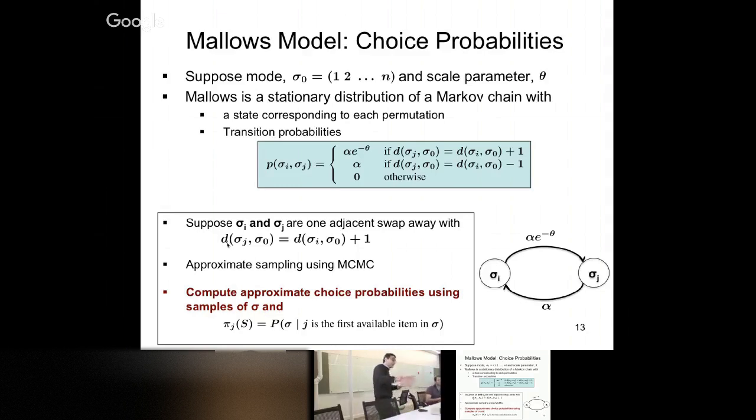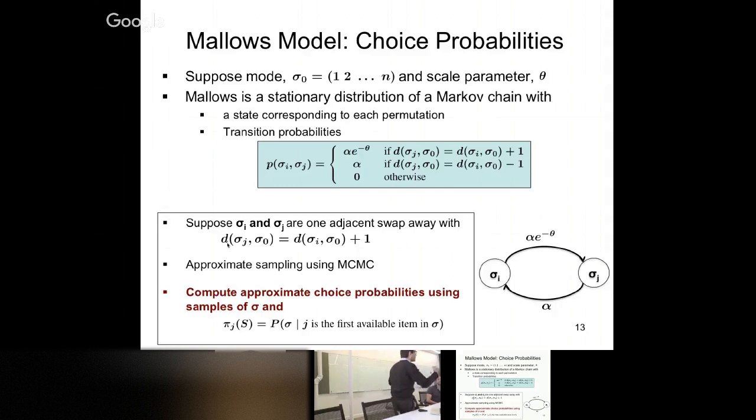Okay, so once I have a Markov chain, then we can use these well-known MCMC techniques to at least do approximate sampling. And at least we have a way to compute choice probabilities. But I want to note that this was an exponential decay model.